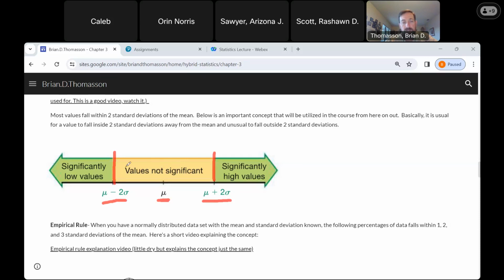Anything in that range is likely to occur. When they say not significant, those are common values. Anything beyond 2 standard deviations above the mean and below the mean is going to be significantly low or high, depending on which direction. I'm going to refer back to this a bunch of times, talking about inside 2 standard deviations or outside 2 standard deviations over and over again.